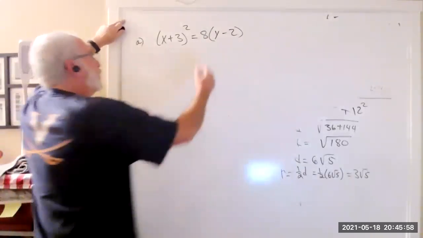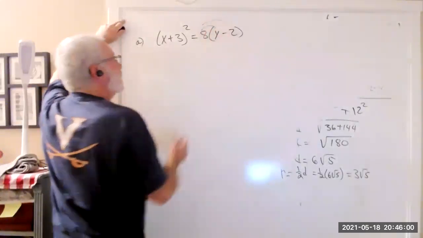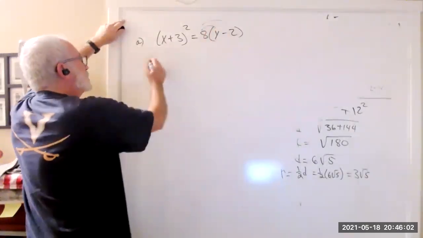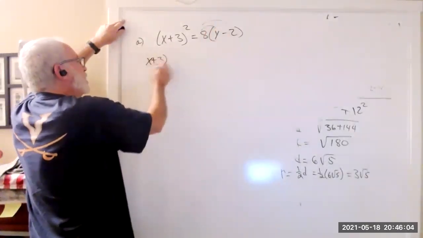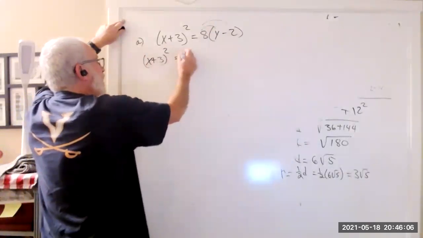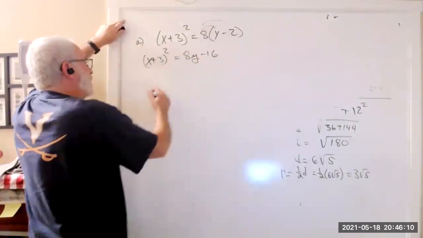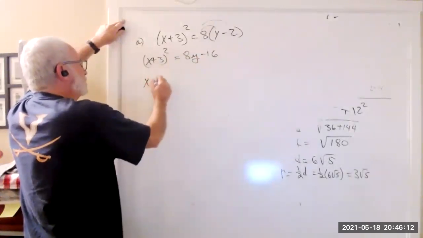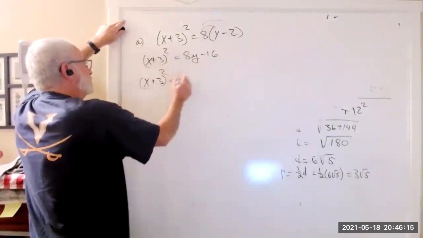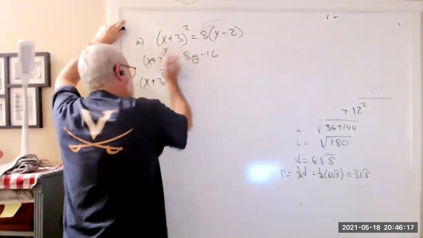First thing I'm going to do is distribute the 8 in here. So that's going to be (x plus 3) squared equals 8y minus 16. Add the 16.